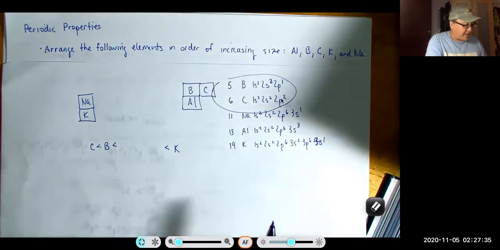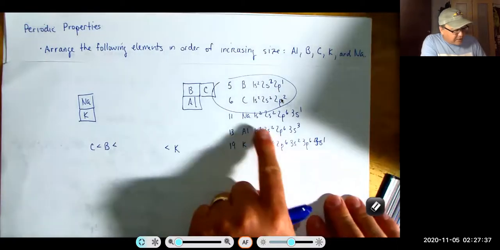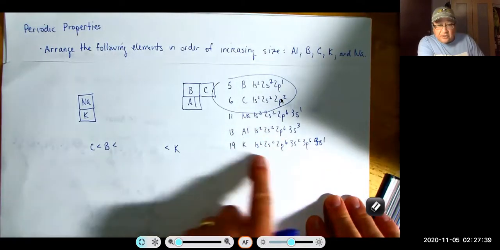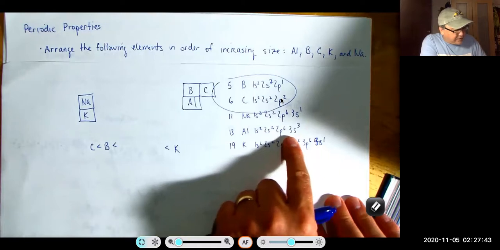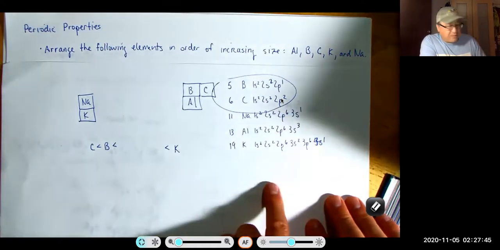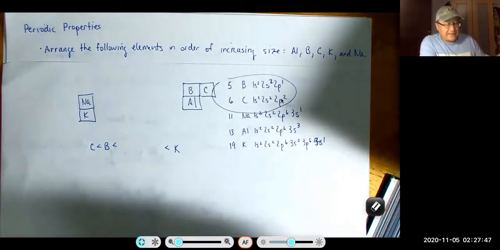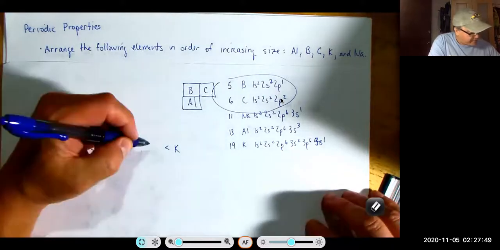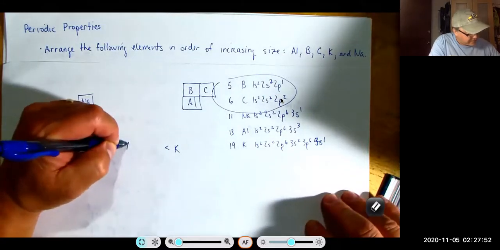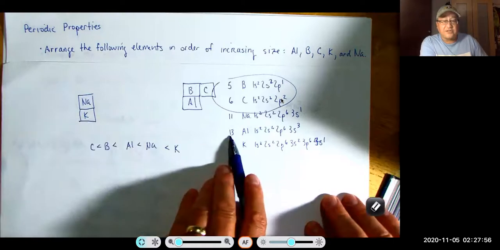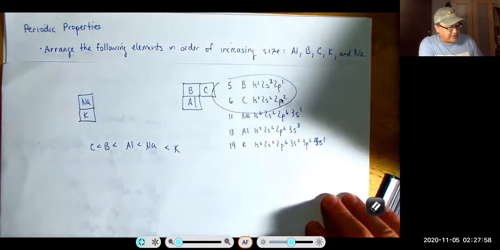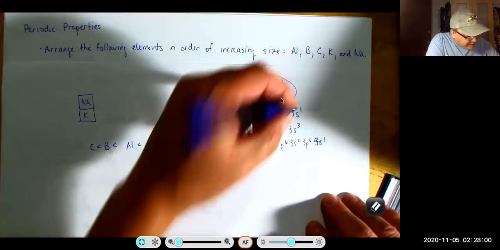Clearly they're going to be smaller than potassium because there are only third shell electrons here. So which of these two are going to be smaller? And remember, in a period going from left to right, they get smaller. So we expect aluminum to be smaller than sodium because it's got 13 protons sucking in those third shell electrons better.